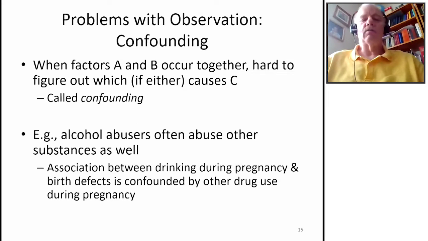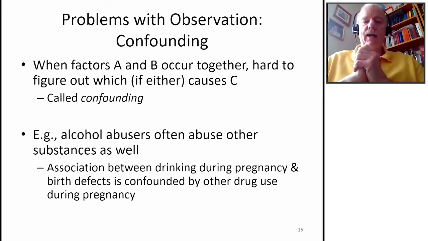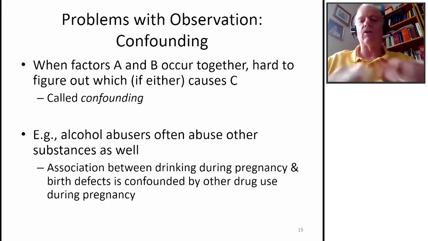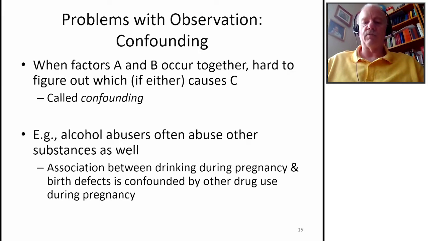Now, one thing that's well recognized in observational studies is if you see A and B occurring together, it's hard to figure out which one necessarily causes C, if either one of them causes C. And this is called confounding. A good example of this is that alcohol abusers often abuse other substances as well.